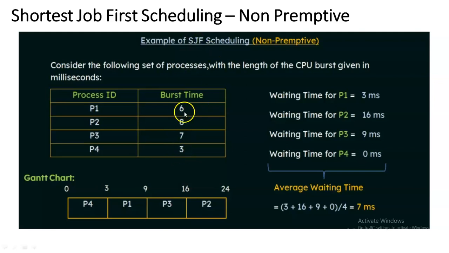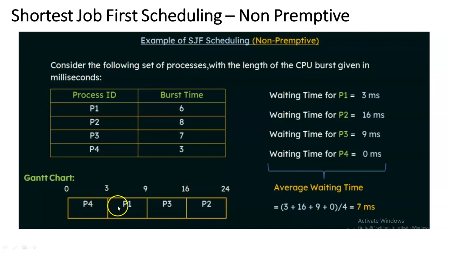So here 6, 8, 7, 3 is the burst time. So 3 is the shortest job. So process 4 is the shortest one. So P4 has been served to the CPU first. So arrived at 0 and the time it occupied inside the CPU is 3. So 0 plus 3, the completion time of P4 is 3.